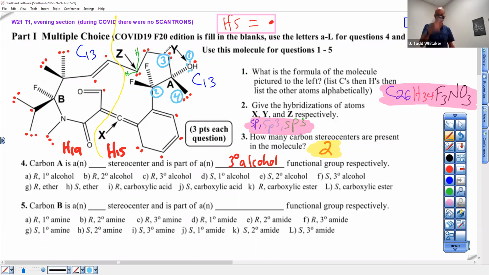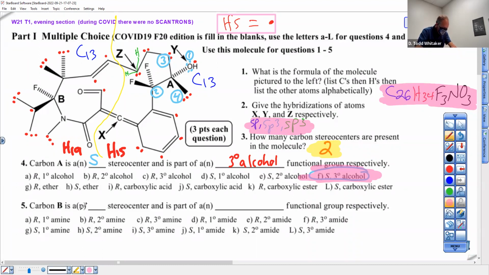And there's only 2 possible answers. I know the right answer. Connect 1, 2, and 3 for the wrong answer. What's the right answer? S. S tertiary alcohol. I will highlight it because that's all you got to circle.